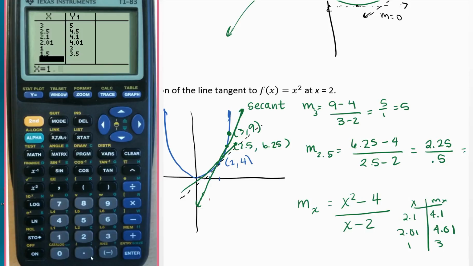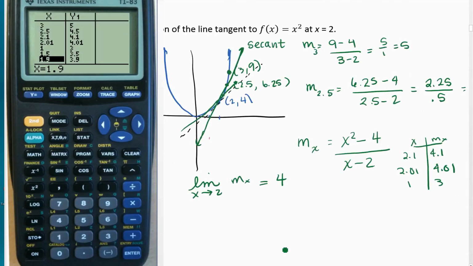If we do 1.9, we get 3.9. So from both sides, this slope, the limit of our slopes as x goes to 2, as we get closer to that value we're looking for, is 4. So we would say the slope of the tangent line is 4.